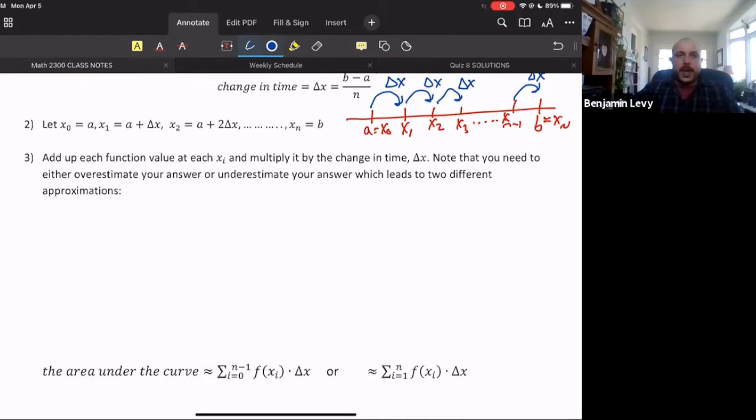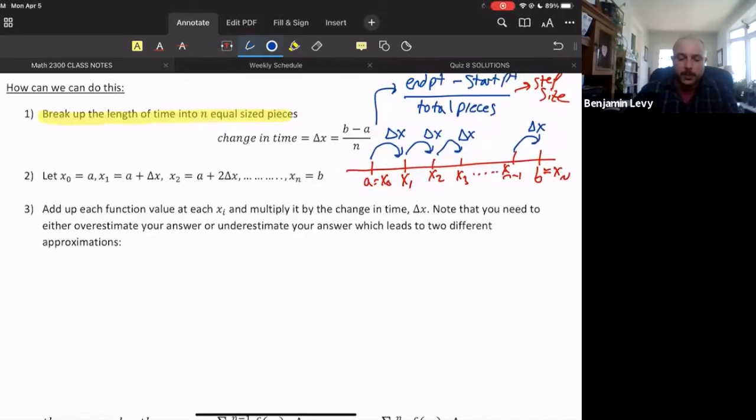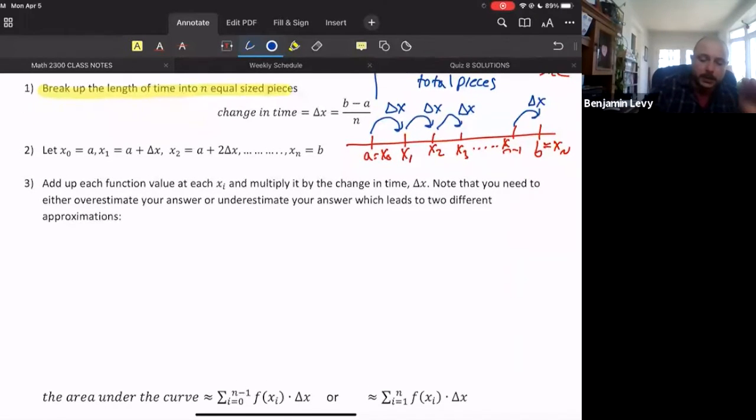Okay, and so then we want to add up the area of a bunch of rectangles, right? That's what the next part says. Step 3 says, then we want to add each function value at each point and multiply it by delta x. That's because the formula for the area of a rectangle is base times height. Just on the side here, let's draw a generic rectangle.